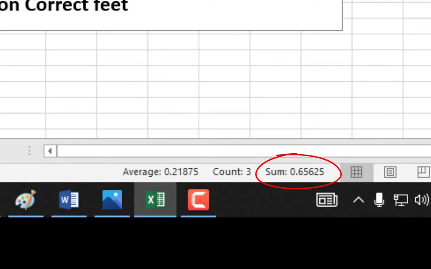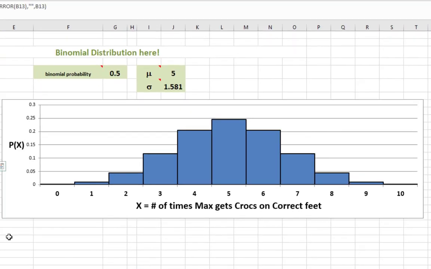And that should ring a bell to you. If you think back to bell curves, roughly 2/3 of the data lies within a standard deviation of average, which is about what we just looked at. So if we saw Max either getting his shoes on correct feet 4 times or 5 times or 6 times, I think that is well within the realm of guessing.